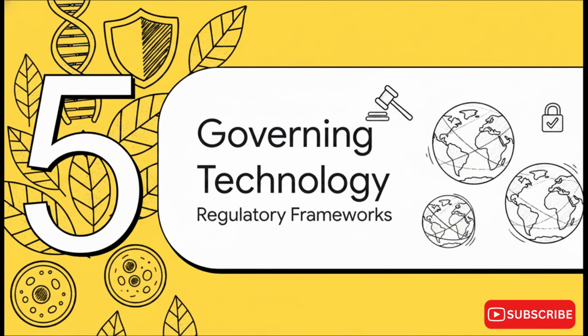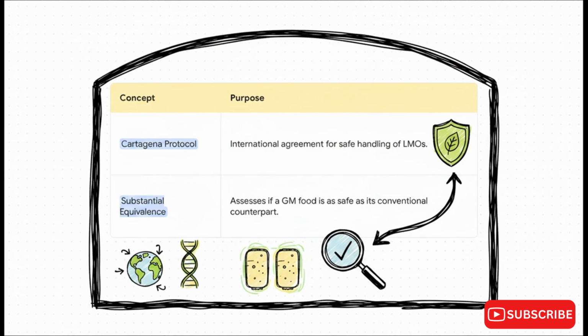So with all of these complex scientific questions about safety and the environment, you obviously need a strong system of rules and oversight. This brings us to our last section. How is this technology actually governed and regulated around the world? This slide shows us the two main ideas behind regulation.